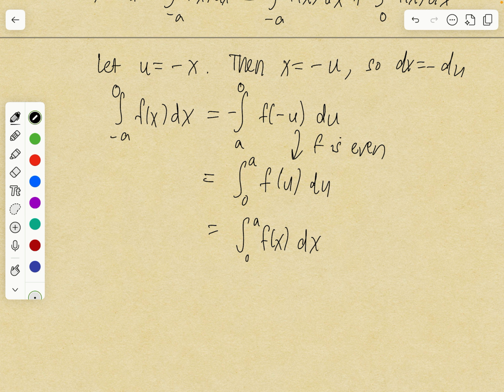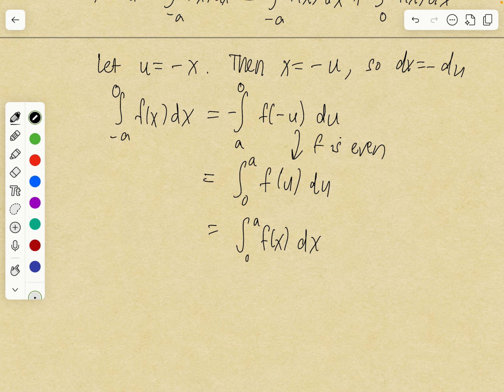If you integrate t squared from 0 to a, you get the same as when you integrate x squared from 0 to a, or v squared, or w squared, or whatever. It doesn't actually matter what the variable is called, so it doesn't matter whether your variable is u or x, you're going to get the same result.